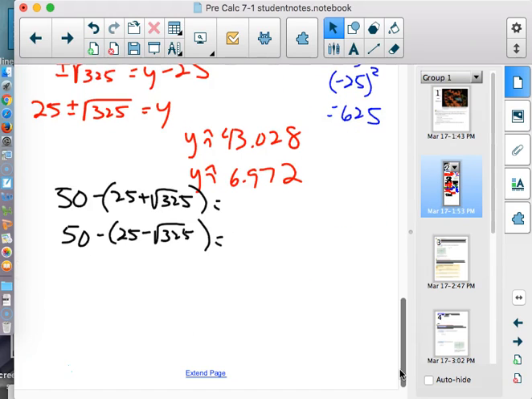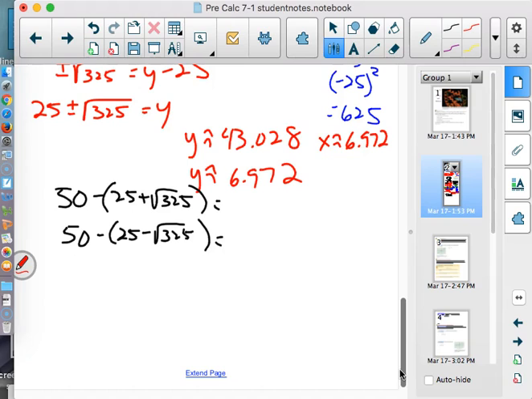So, minus 5 plus the square root of 325. So this one would give me an x value of approximately 6.972. Okay, that seems familiar. You see it? Okay, so what do you suppose is going to happen when we put the 6.972?